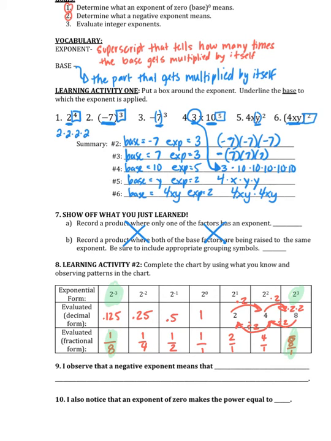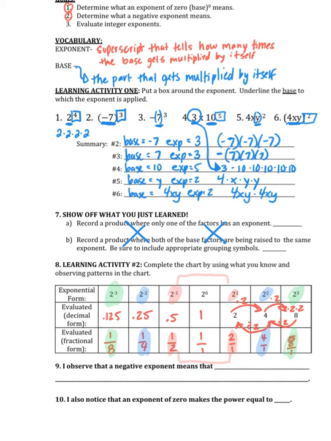Okay, compare that on the next set. 2 to the negative 2 power gave me 1 over 4. 2 to the second power gave me 4. Notice it just flipped. One more pattern. 2 to the negative 1 gave me 1/2. 2 to the first gave me 2. So the only difference between these answers is the negative exponent.